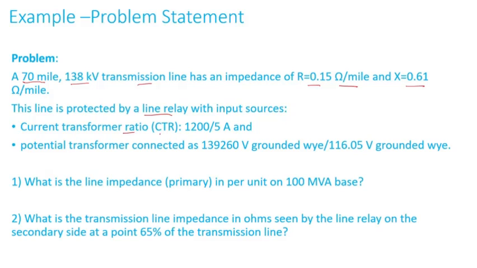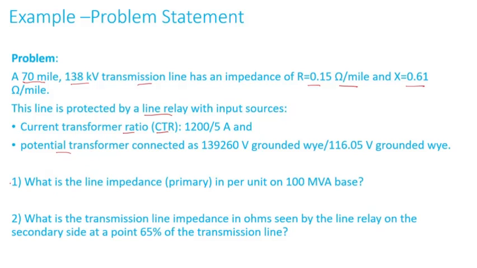CTR just stands for current transformer ratio, 1200 amps to 5 amp, and potential transformers connected as 139,260 volts grounded Y. That's the primary, and the secondary is 116.05 volts grounded Y. A potential transformer can be a VT, voltage transformer, or a CCVT, capacitor coupling voltage transformer.